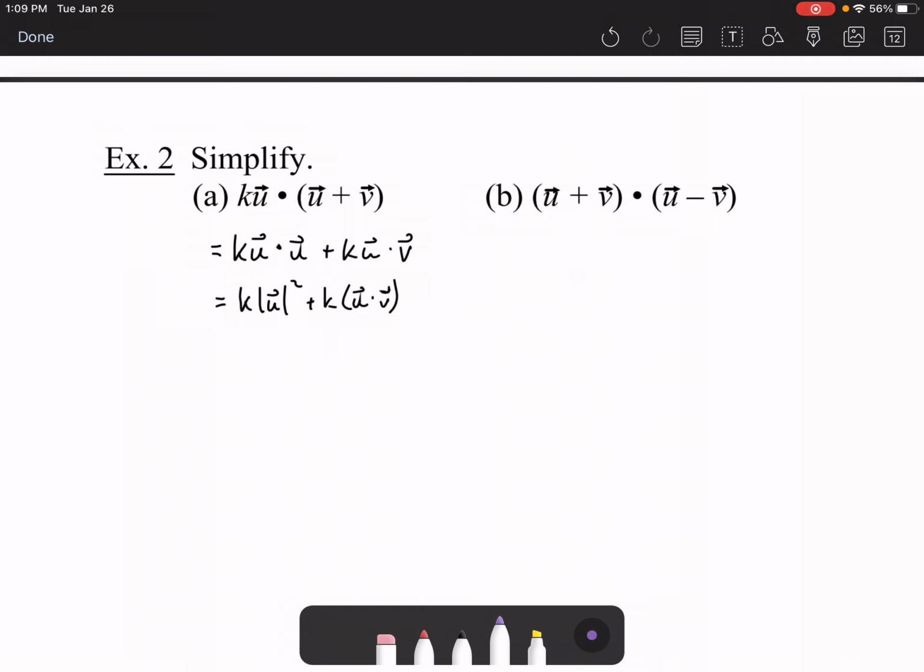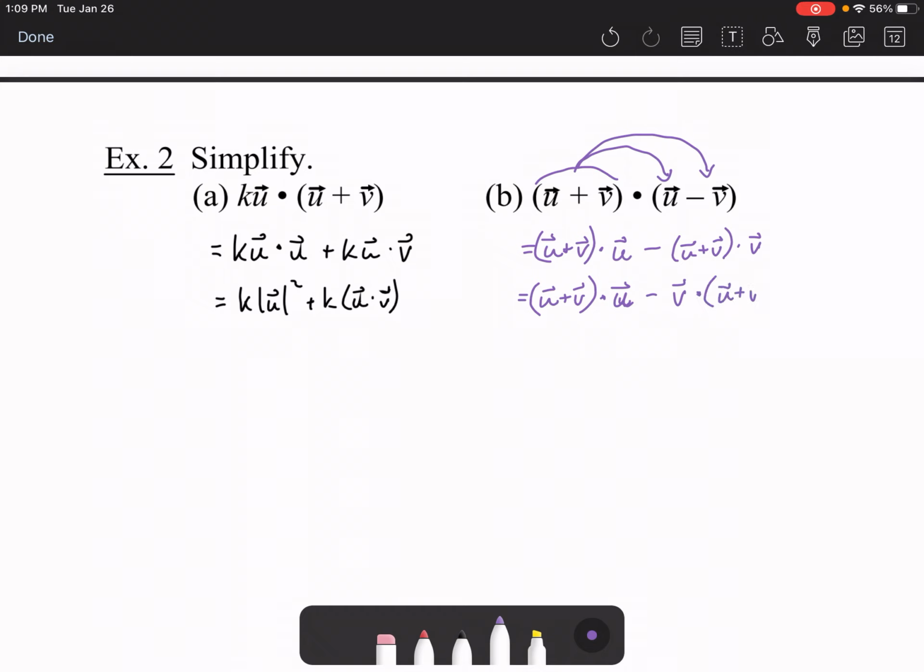Okay, well, according to the distributive property, again, we can take the u plus v and we can dot it with the first expression. And we can also dot it with the second expression. We can also rearrange these. So let me rearrange it. So now I get vector v dotted with vector u plus v.